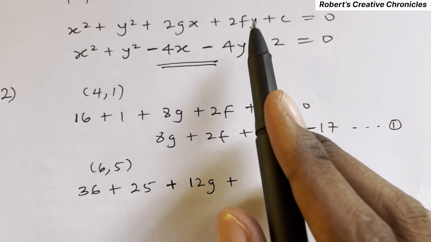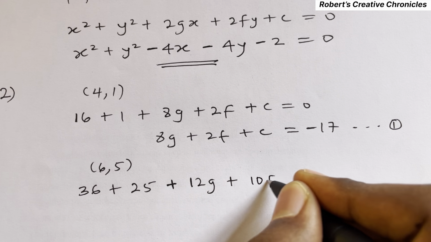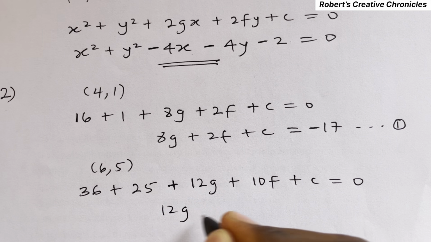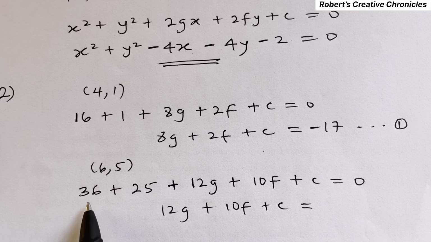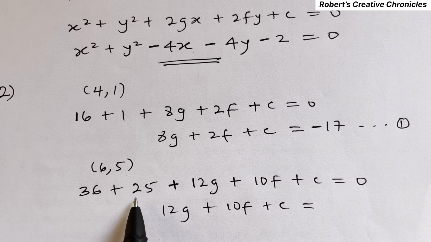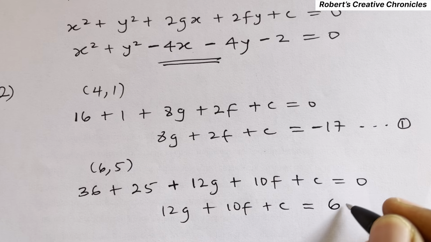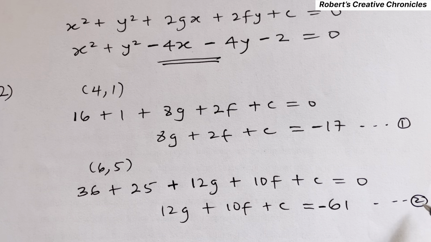Then plus what? 2 times 5 times f, which is 10f, plus c is equal to 0. So it will be 12g plus 10f plus c is equal to what? 36 plus 25 is what? This is 61. So it is negative 61. This is equation 2.